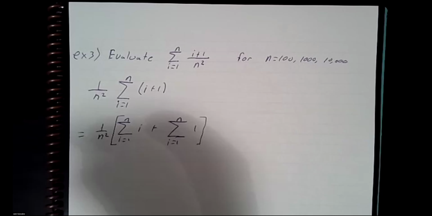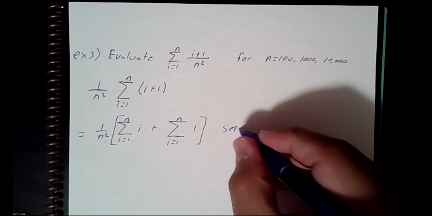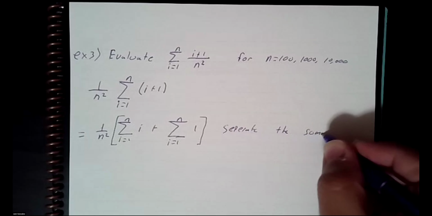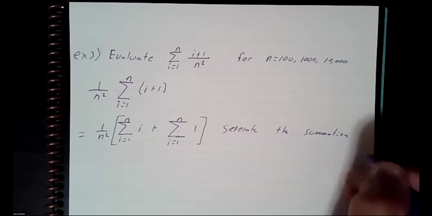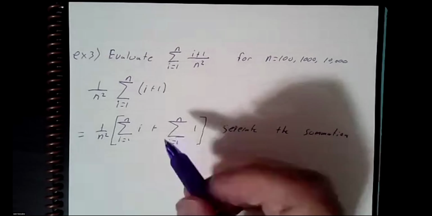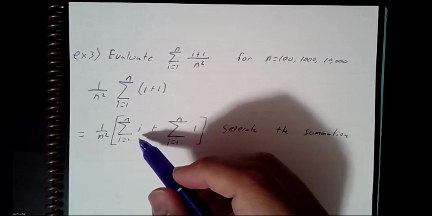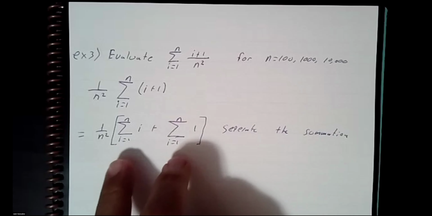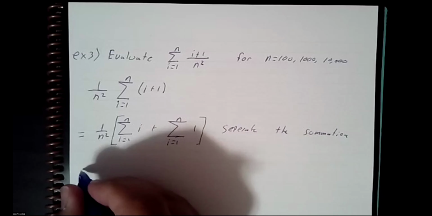Okay, so you see how we separate it, right? So you apply formula number 1 and number, I think it's 4, on each of these.